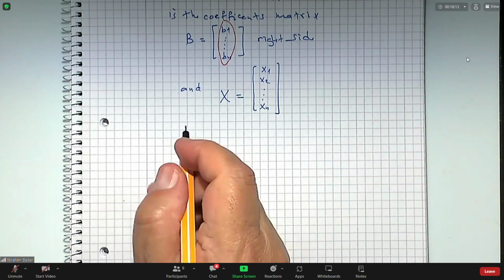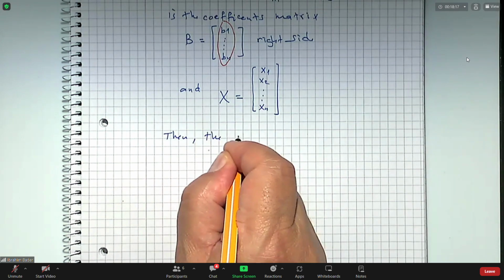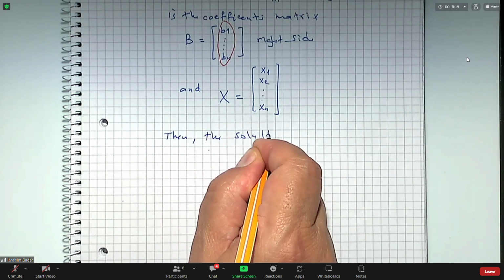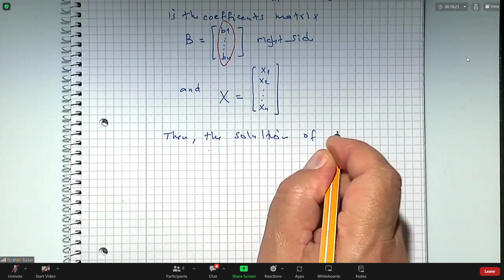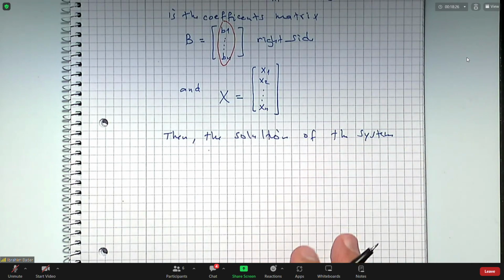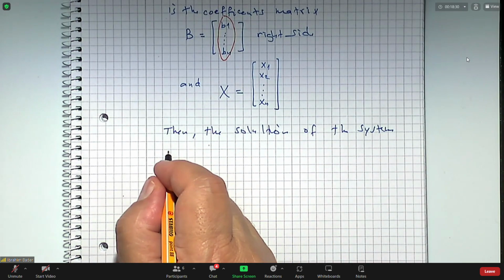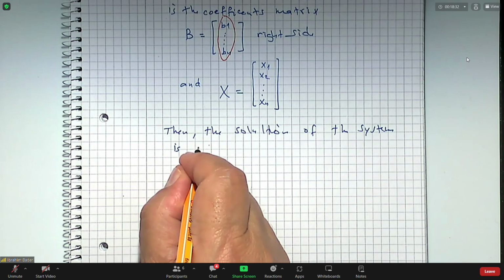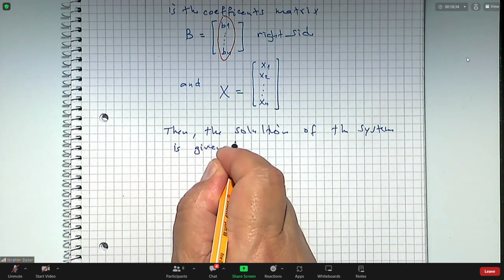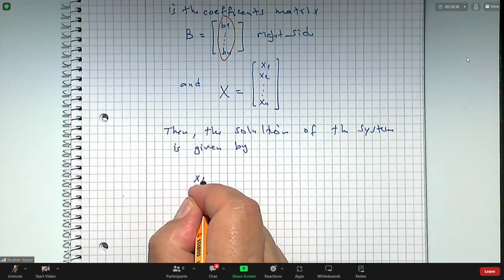Then the solution of this system, this is Cramer's method, is given by each xi, which is the solution.